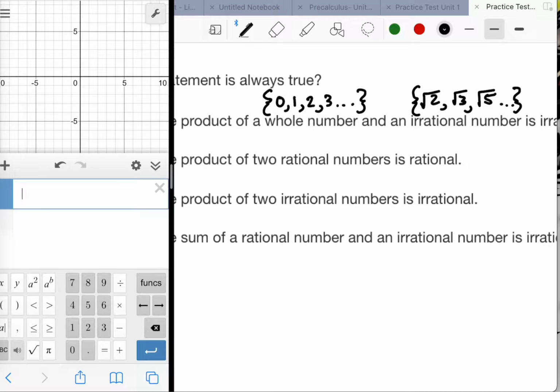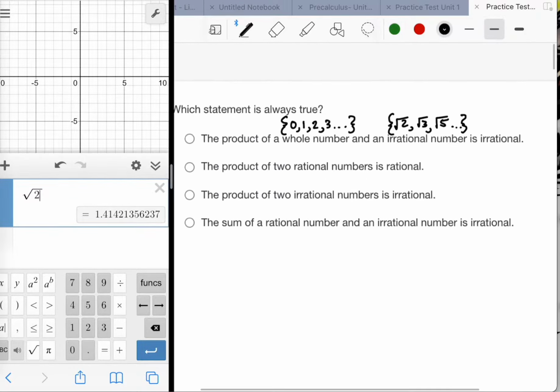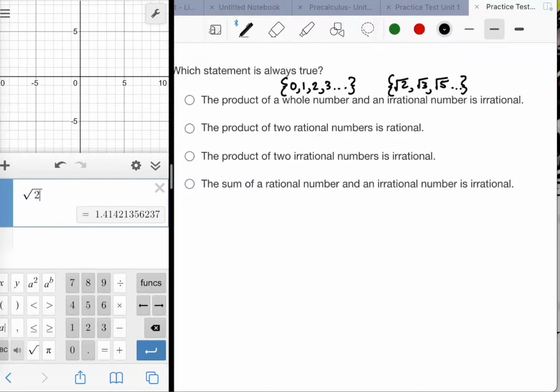Any of these numbers can be put in the calculator, and you'll be presented with a decimal that never repeats and never ends, although it may seem like it ends in a calculator, but it doesn't. What it's asking us here is if I take any value from the first set and multiply by any value in the second set, will I always get an answer that has a radical that can't be simplified away?